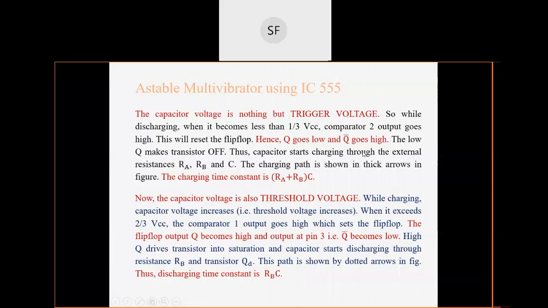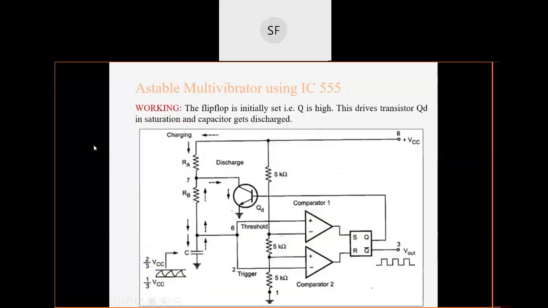Thus the capacitor starts charging through the external resistances Ra, Rb and C. The charging path is shown by the thick arrows in the figure. This is the charging path, and these are the dotted arrows.